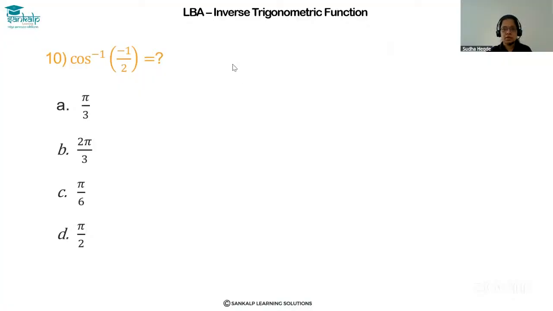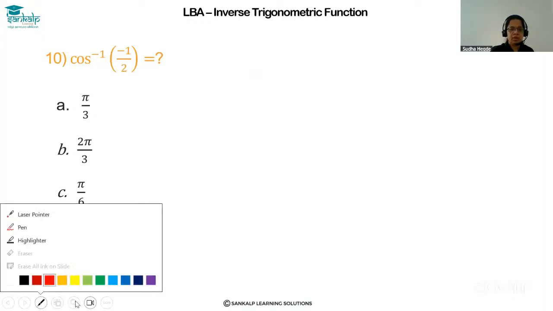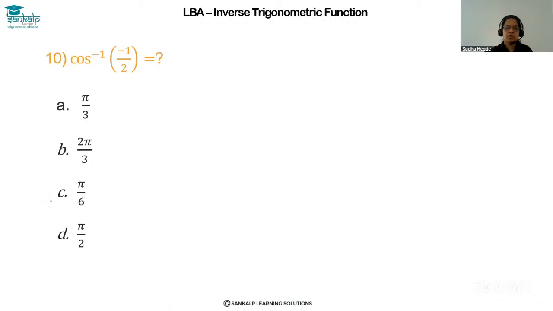Hi students, the question is cos inverse minus 1 by 2 is what? You need to find the value of cos inverse minus 1 by 2. So before finding cos inverse minus 1 by 2, let us check what is cos inverse 1 by 2.